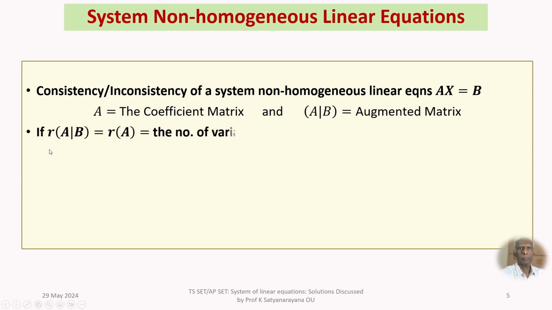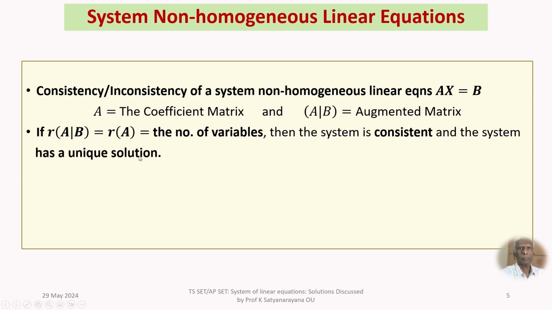The first case: if the rank of the augmented matrix [A|B] is equal to the rank of the coefficient matrix A, and equal to the number of variables, then the system is consistent. That means it admits a solution and the system has a unique solution.